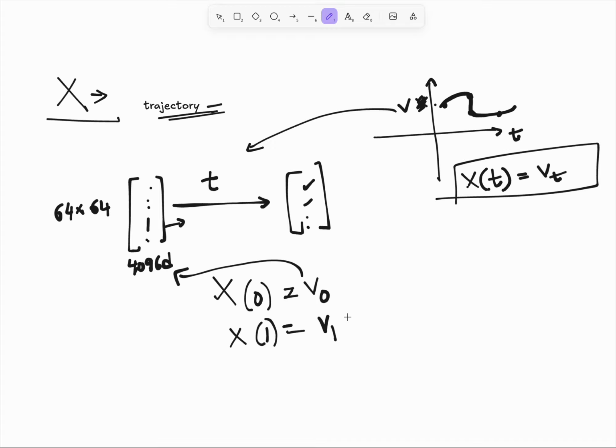Another distinction here: time steps are actually from 0 to 1, so 1 would indicate the final stage. So x at 1 would indicate v of 1, which is the fully denoised image.